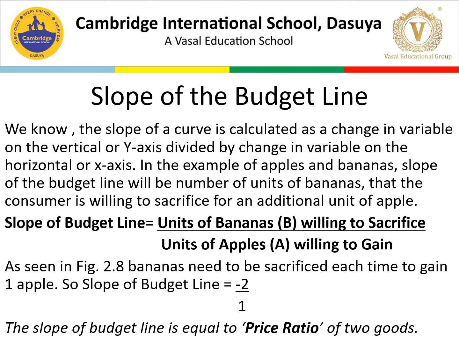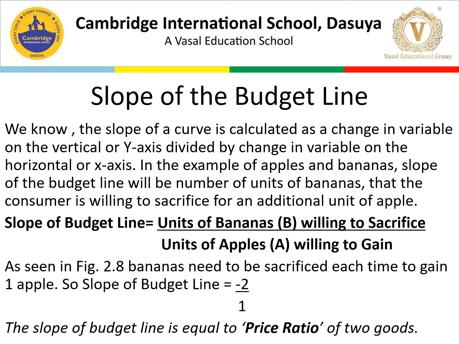Like we were calculating MRS, we were calculating MOC, similarly the slope of the budget line is equal to the units of bananas, that is B, willing to sacrifice. So how many units of banana we sacrifice for buying more units of apple, that is the difference we are taking.